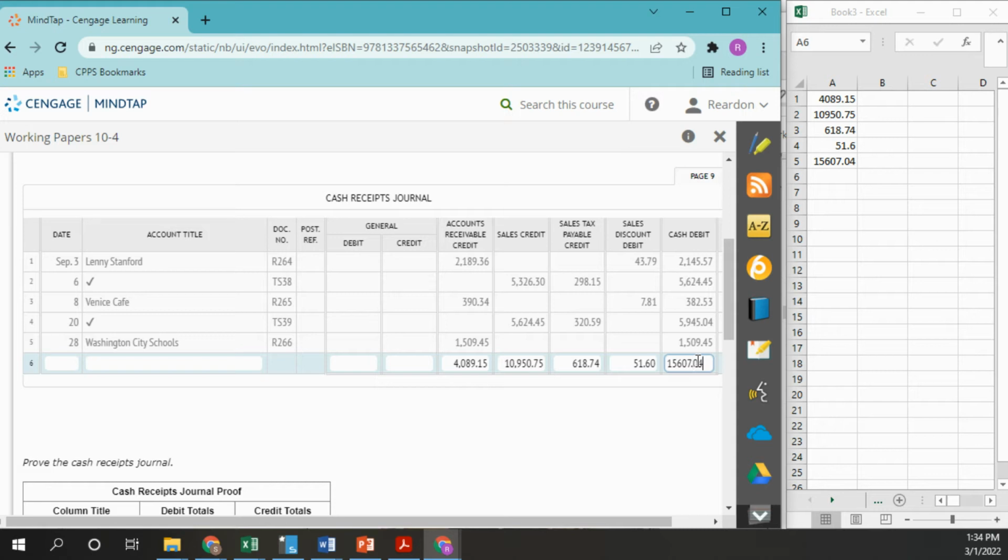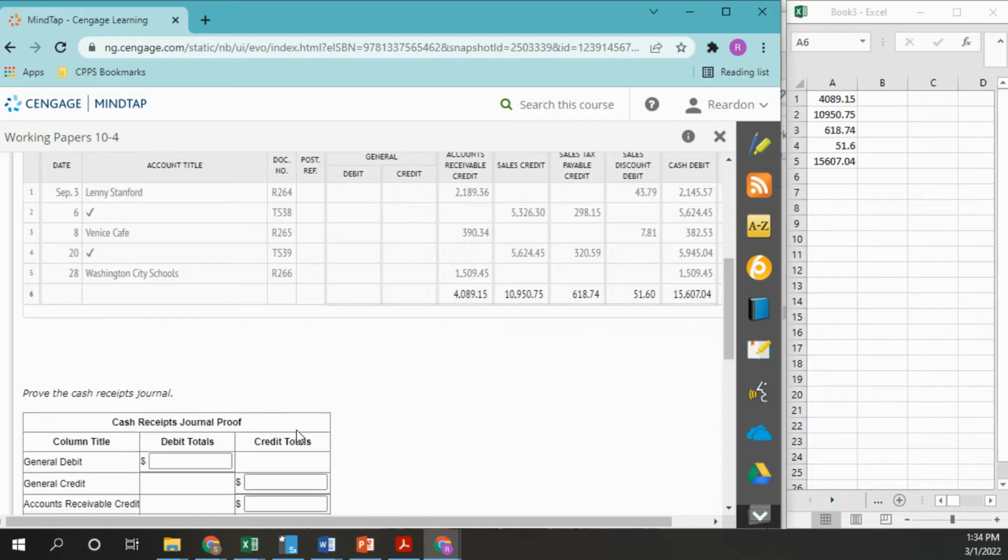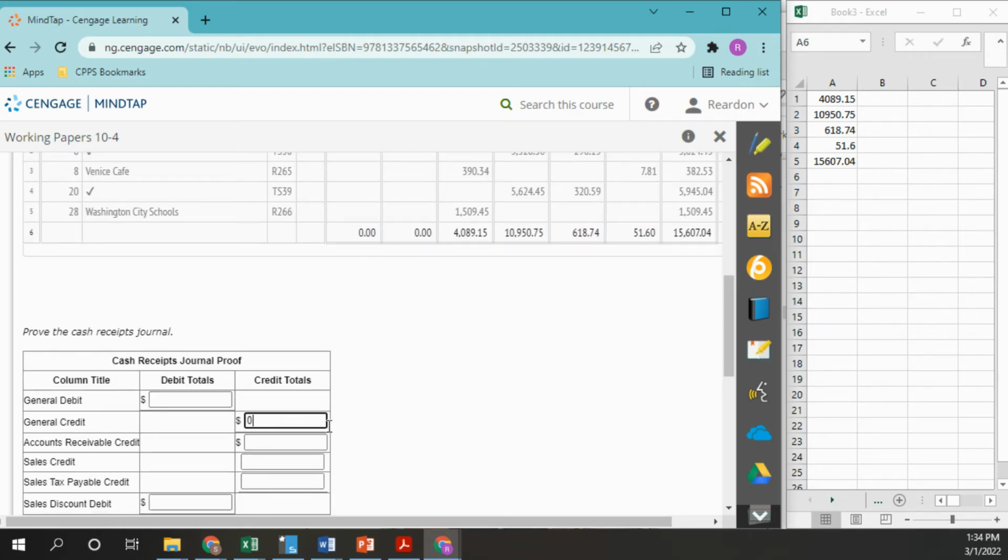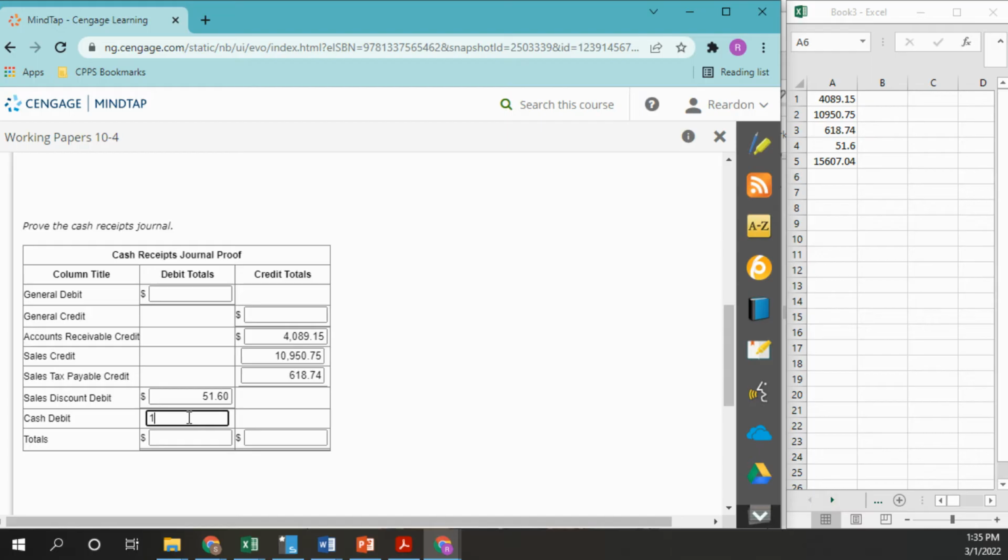You can slow me down. And there are my totals for my cash receipts journal. By the way, I need to put zero over here. Zero for debit, zero for credit. I'm just going to pull those numbers down: 4089.15, 10950.75, 618.74 sales tax payable credit, sales discount debit 51.6, cash 5607.04.